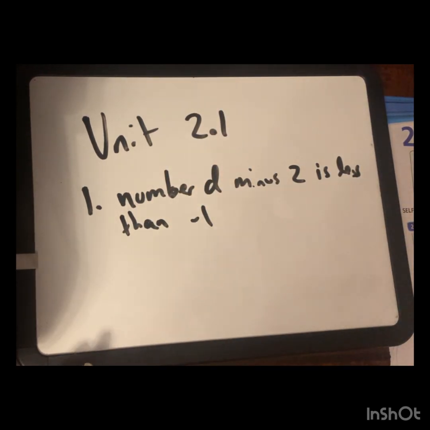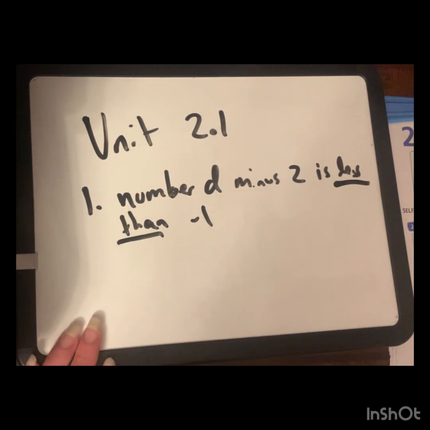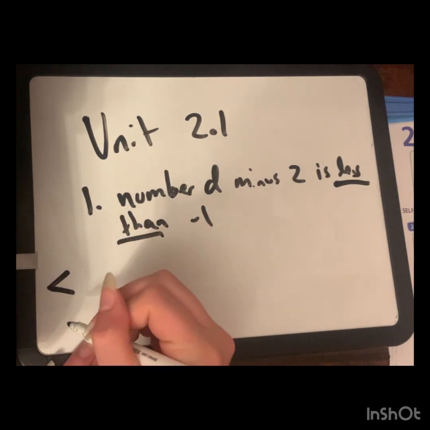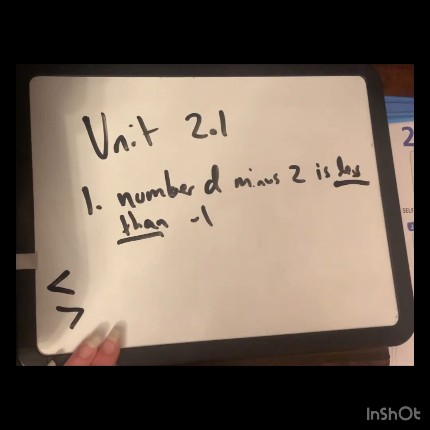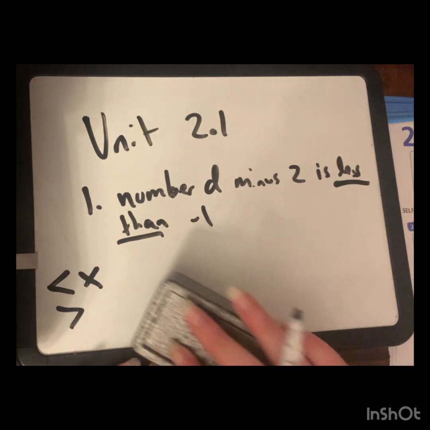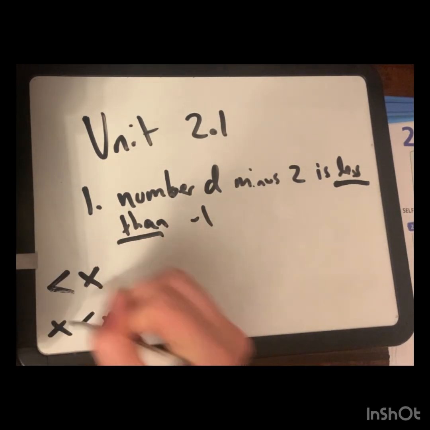Okay, keywords you guys have to know when they ask you to write it. Less than or more than. Whenever you see this, it means less than or more than. Well, this is X, that's more. And if this is X, it's less than.